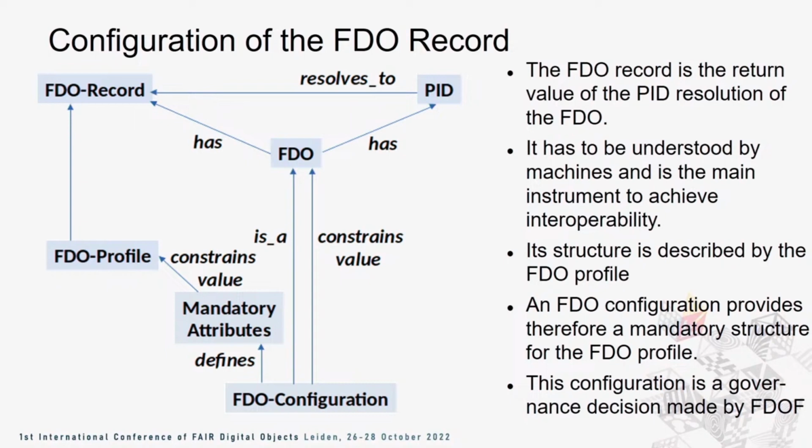And then, as I said, we have these local operations already in place in several communities. They have a certain structure of their objects, and they know how to work with them.